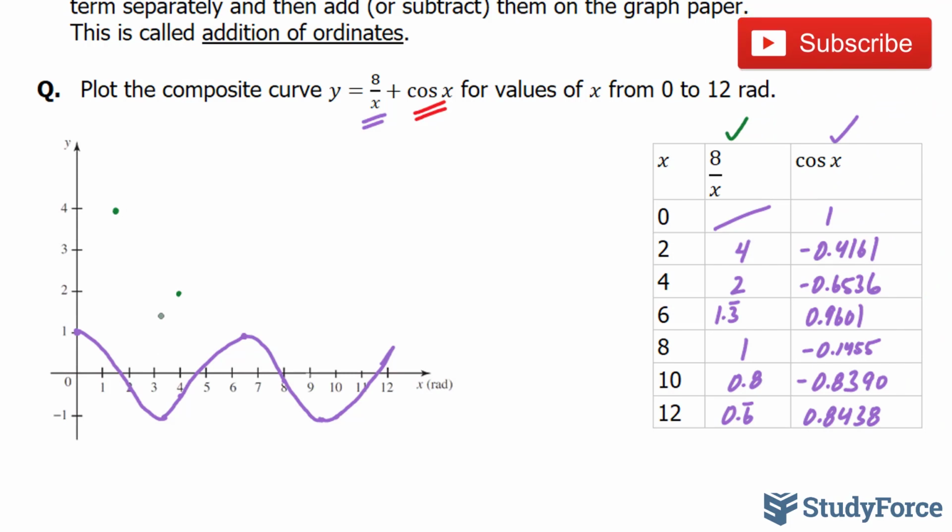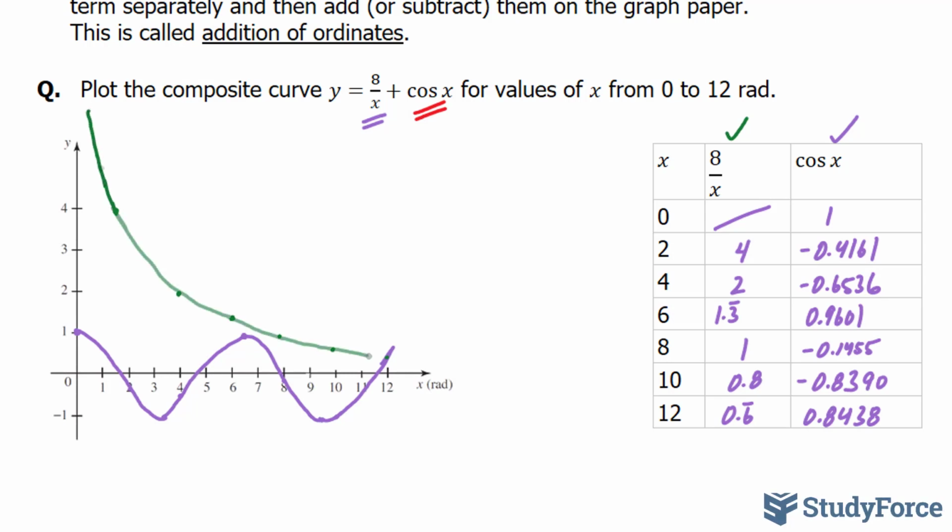At 6, it's 4 over 3, which is equal to 1.33 repeating. At 8, it's 1. At 10, just below 1. At 12, it's 0.666 repeating, which gives us a final curve that looks like this.